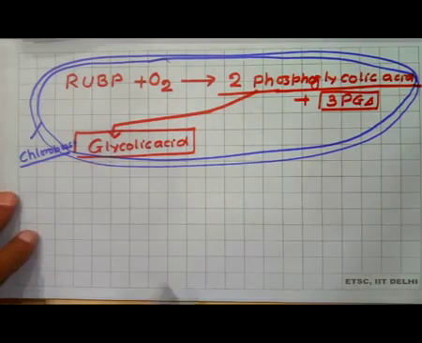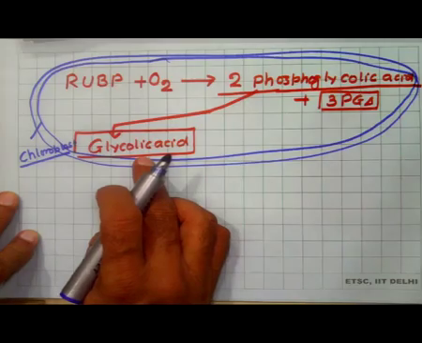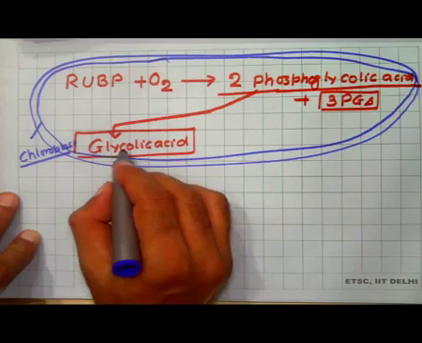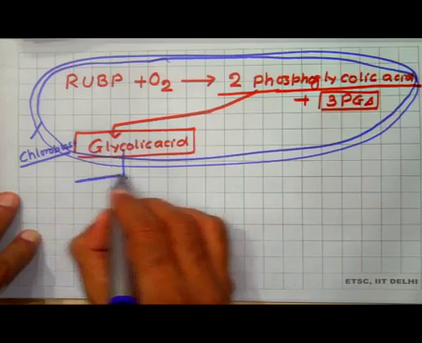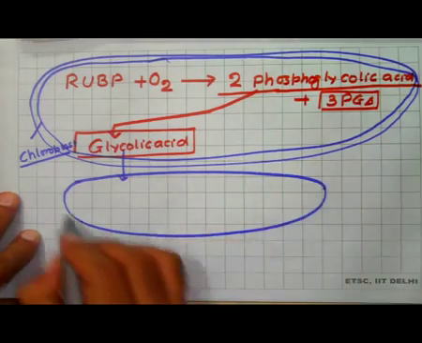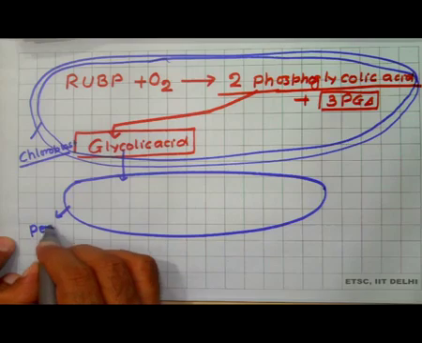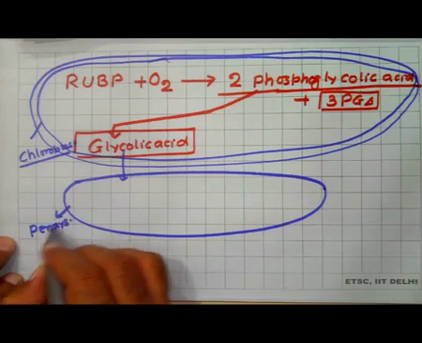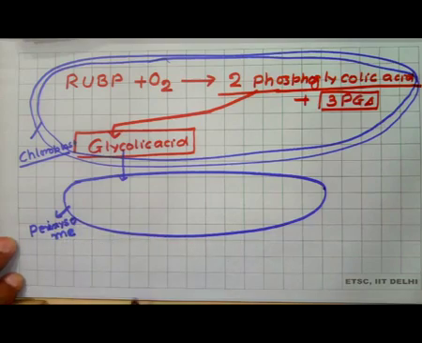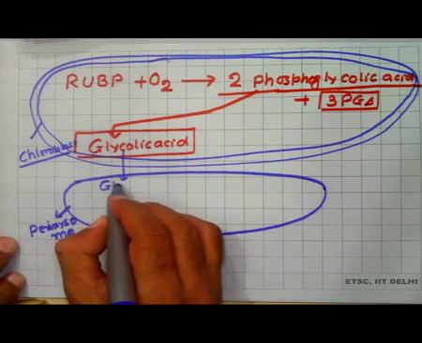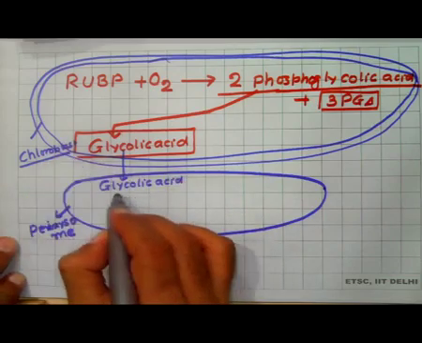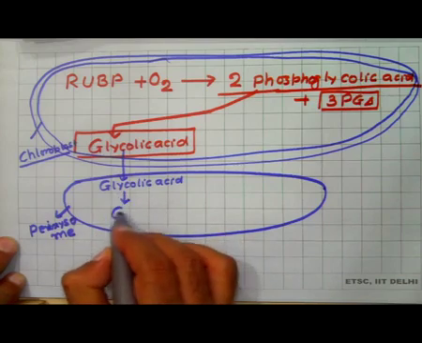Now, the freshly formed glycolic acid during the midday enters into the single membrane bounded structure called peroxisome, and here the glycolic acid transferred from the chloroplast is converted into glycine.